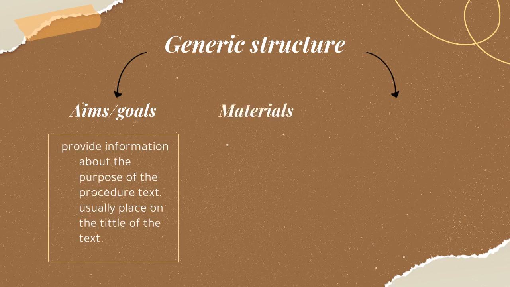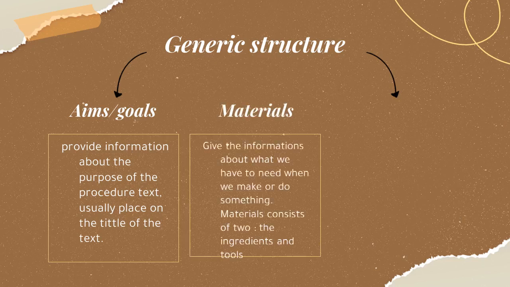And the second is materials. It gives information about what we need when we make or do something. Material consists of two, the ingredients and tools. And the last of the generic structure of procedure text is steps or methods.